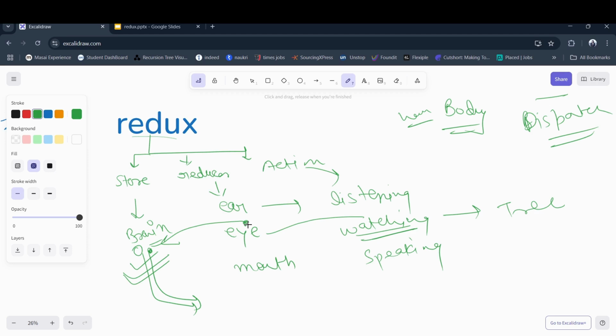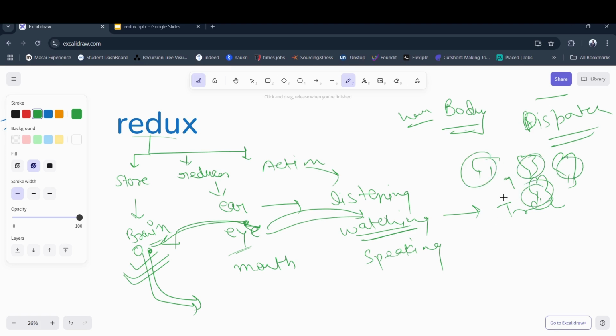And suppose our brain is telling you to watch something, like you need to watch a tree which has green leaves. So the brain sends the message to the eyes, and the eyes start looking, where lots of trees are present, to see which tree they need to see.